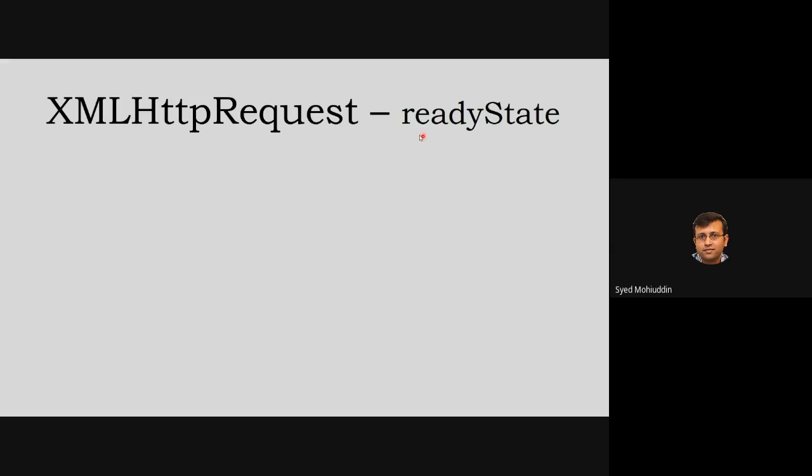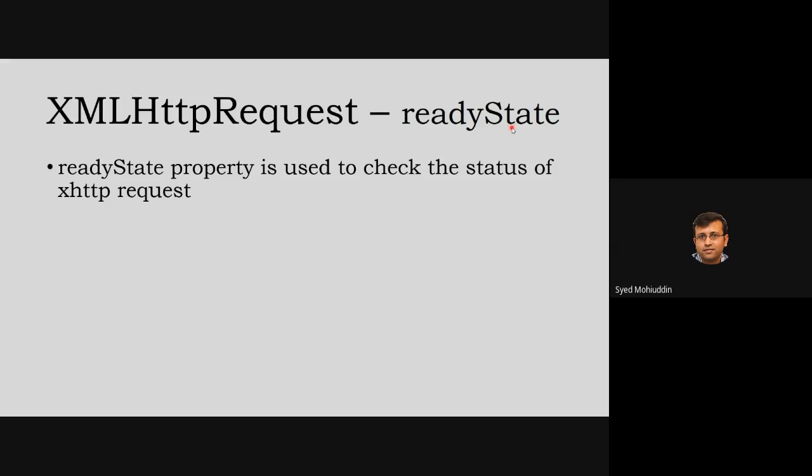Now let us talk about the ready state. Just now we had seen xhttp dot this dot ready state. Ready state is a property used to check the status of the HTTP request. This property will have integer values.